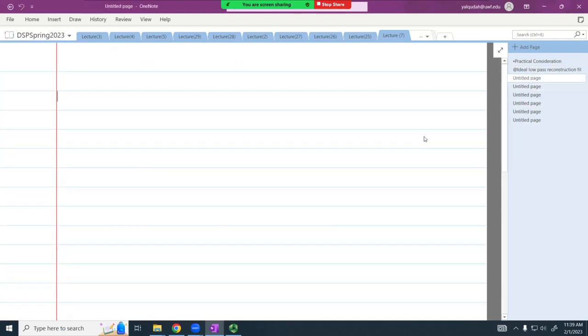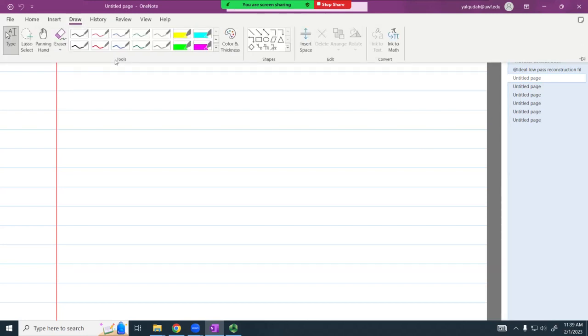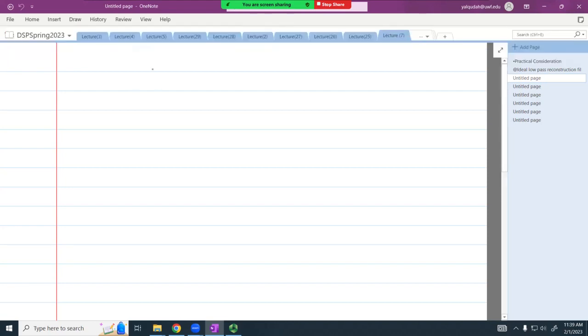Okay, let's look next at the aliasing effect. So we know from the sampling theorem, for a signal to be reconstructed, the sampling frequency must be greater than twice the maximum frequency of the signal.